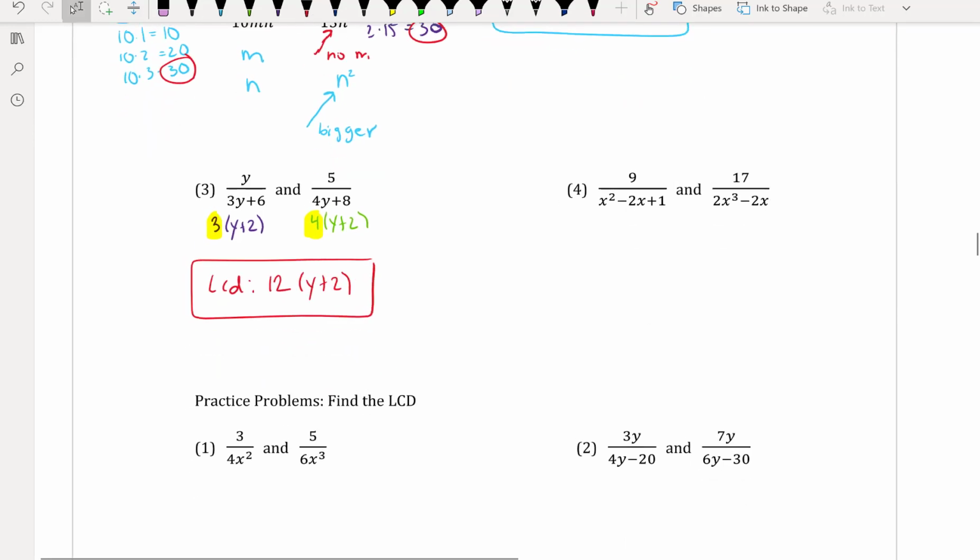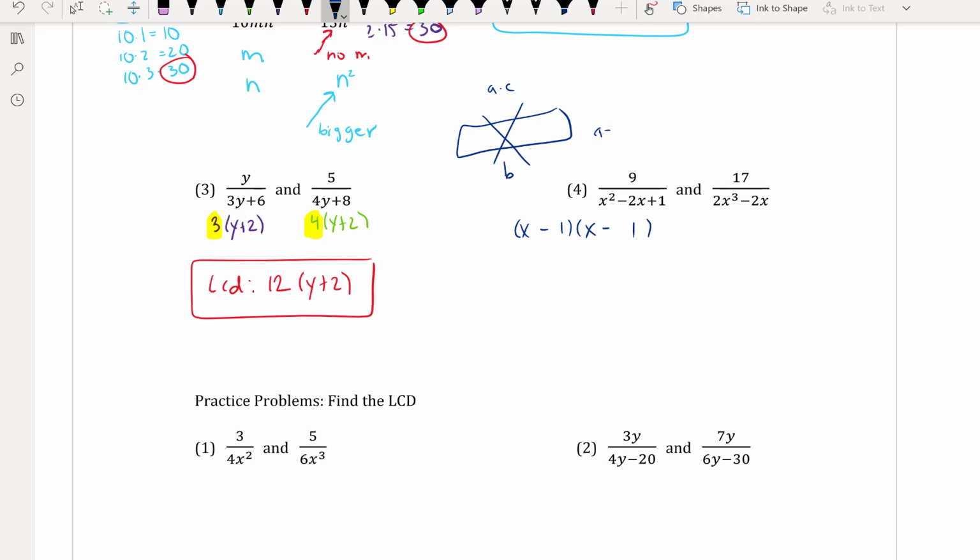For number 4, exact same thing. So I'm going to factor as much as possible and then try to figure out that way. So for number 4, that first denominator, I'm going to have x and x, and I am factoring. The only reason I'm able to do this so quickly is because I've been doing this for a long time. If you guys need to do the AC method until you are quick at it, that's fine.